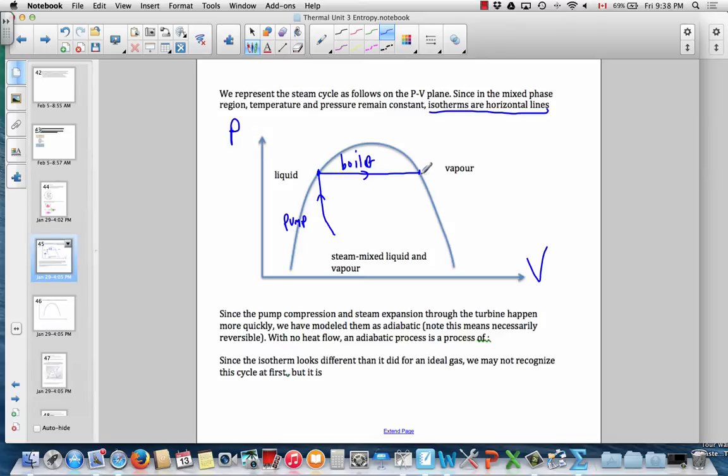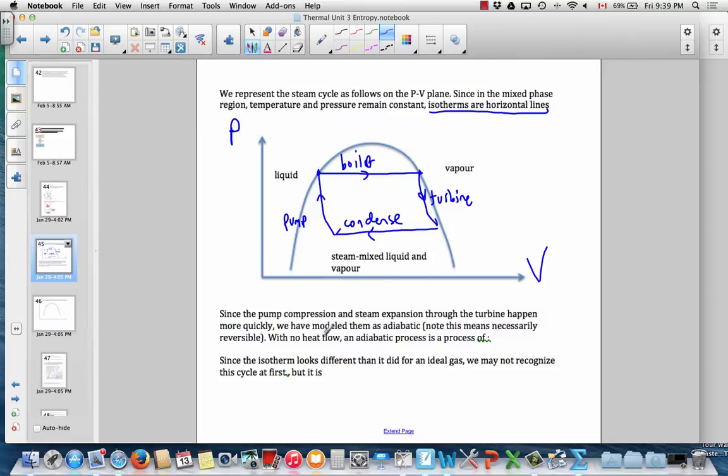Then we will pass that high pressure steam through a turbine and extract some energy from it. Let the gas do work on the turbine. And then we will condense the vapor back into a liquid, and then we'll start again. So these, remember, are isotherms. So we have two isotherms and two adiabats.